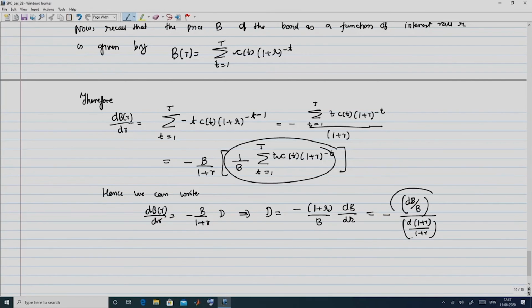So, this is the rate of change of the bond price over the rate of change of the interest rate with a minus sign, and this is the same as the definition of duration.